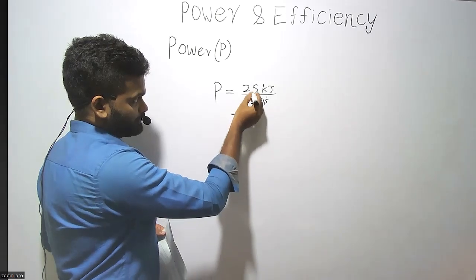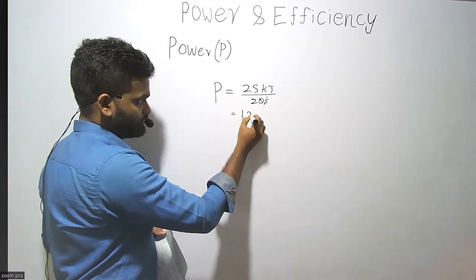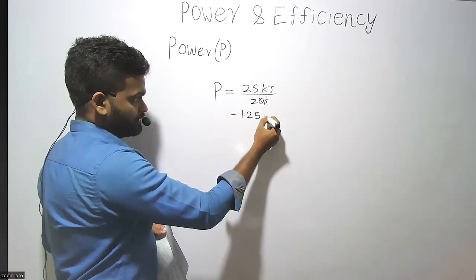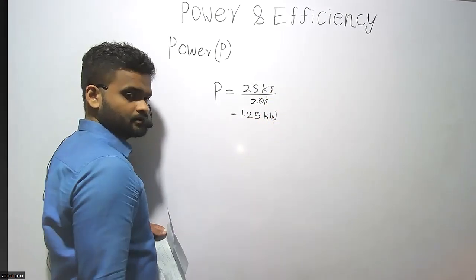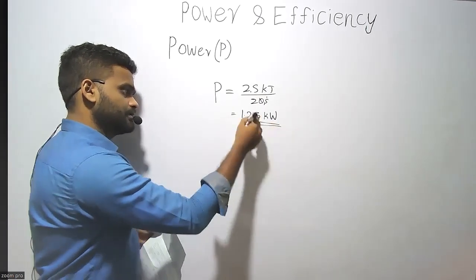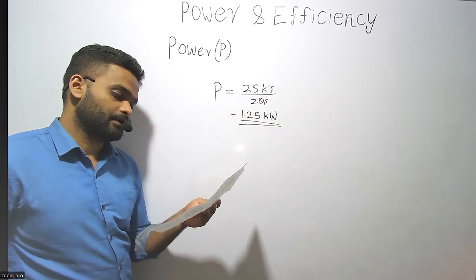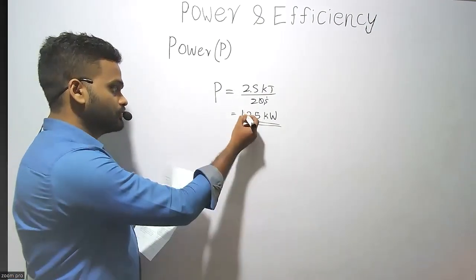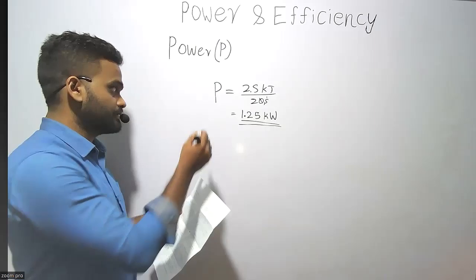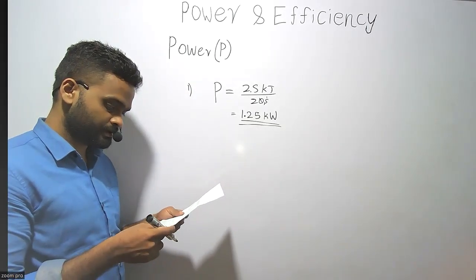So if you divide by 20, this becomes 2.5 divided by 2, so it is 1.25. Kilo remains the same, joules per second, which is watts. So this is the power of the heater. That is the rate of energy generated by the heater, 1.25 kilowatts. So that's the first question. Those are easy questions.